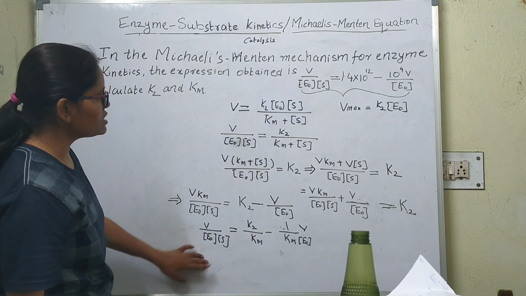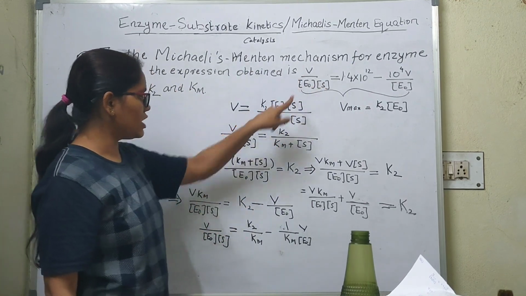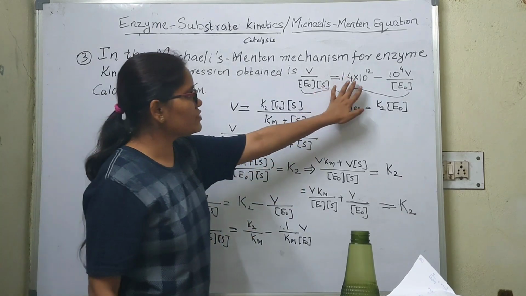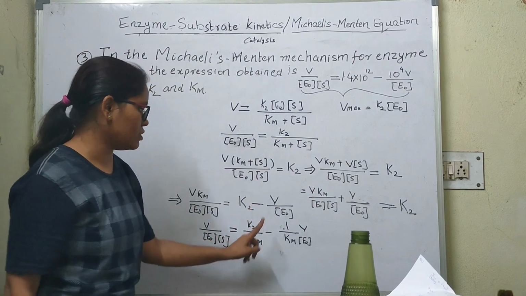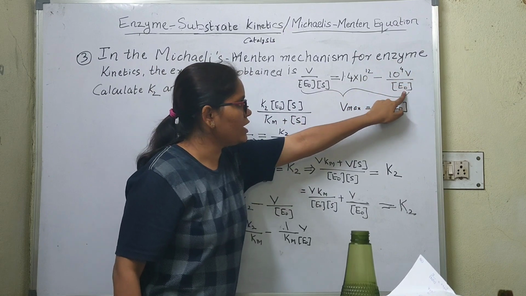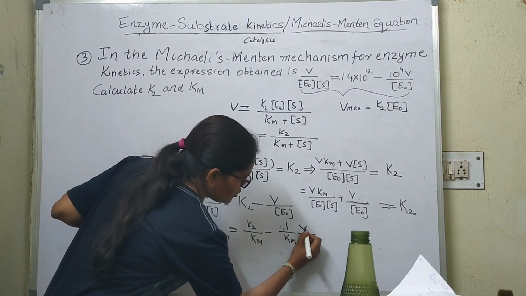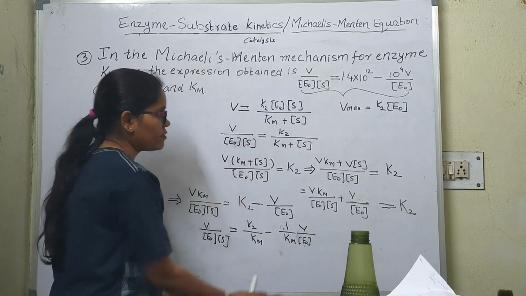Now you can compare this equation with this one. So we have V by E naught into S. So the left hand side matches. Right hand side K2 by Km. This first term is a constant because K2 is a constant and Km is also a constant. So here you have some constant into V by E naught. So we have V by E naught here. The constant here is 1 over Km.